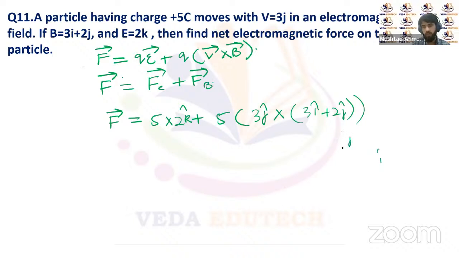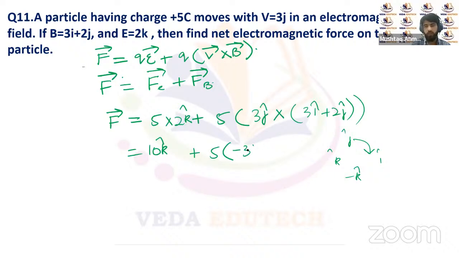You know the cyclicity of these unit vectors. So j cross i will be minus k cap, and j cross j will be 0. So it will be 10 k cap, plus 5 times j cross k, minus 9 k cap, not 3.